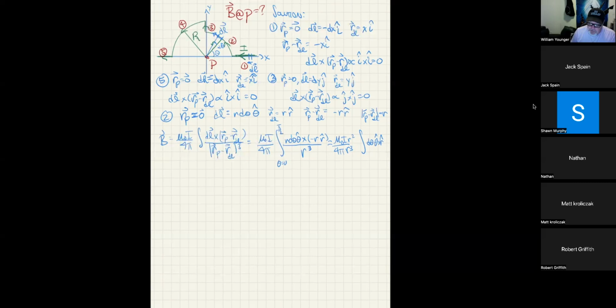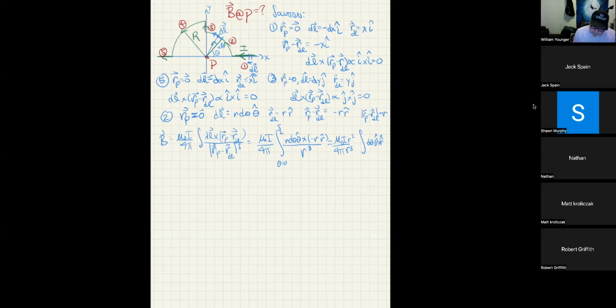Remember, r hat would point diagonally up parallel to that green little r line, and dl is in the theta hat direction. So you see that way. So if I do theta hat cross r hat, we get a point into the board. So that's a negative k hat.